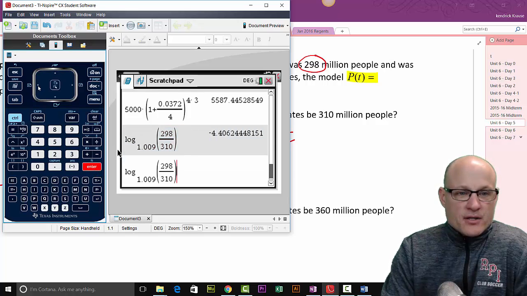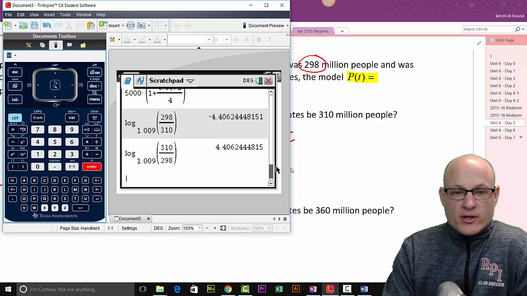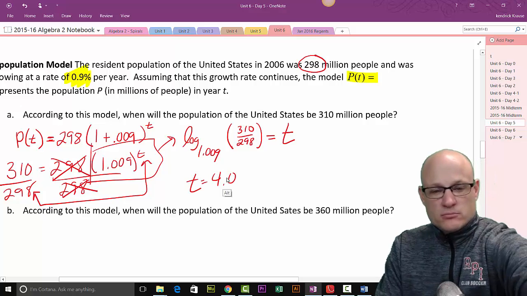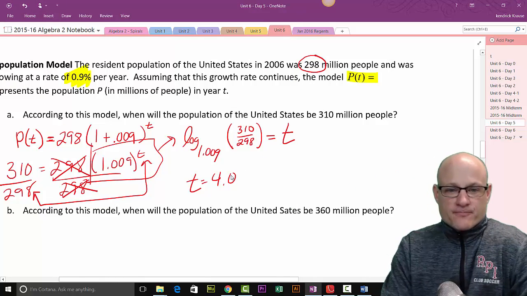Let's try that again. 310 divided by 298. This is bigger than 1, so it'll be positive. 4.406. So t equals 4.406.